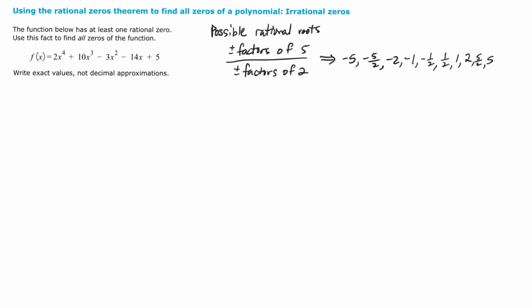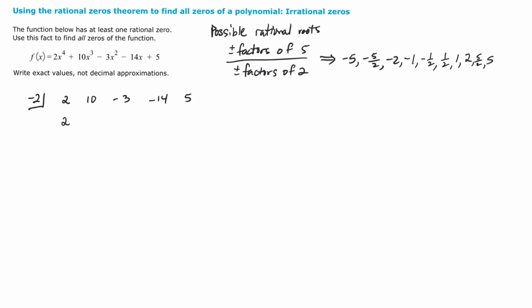Let's try -2. I'm going to put -2 here. I need the coefficients 2, 10, -3, -14, 5. Now we're going to bring down the 2, and now we're just going to multiply and add. 2 times -2 is -4. Add it to 10, we get 6.